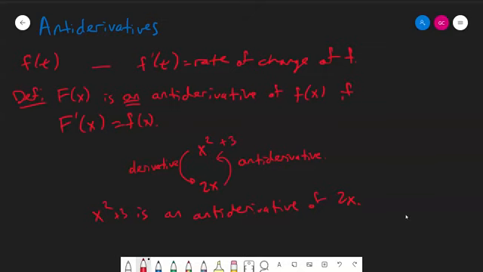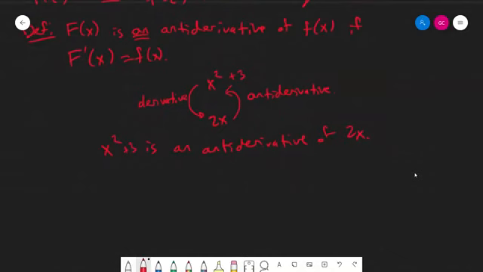In general, I can add any constant to x squared and get an antiderivative of 2x. So in general, we'll say that x squared plus c is an antiderivative of 2x for all constants c.